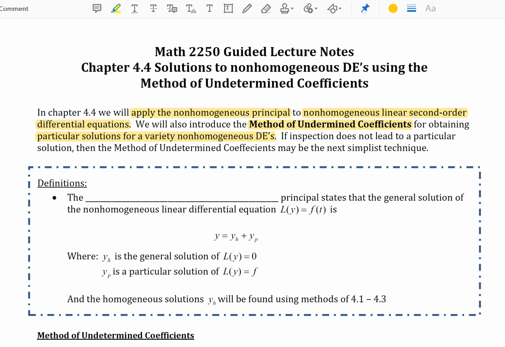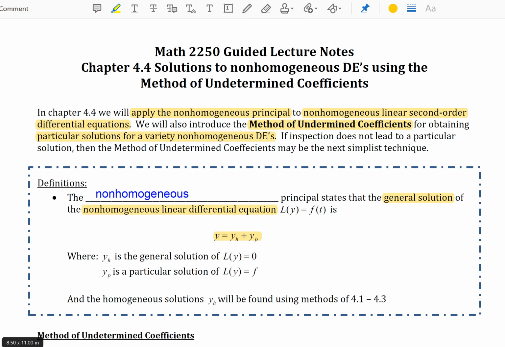To get started, let's look at some definitions. The non-homogeneous principle states that the general solution of a non-homogeneous linear differential equation of the form L of y equals f of t is the sum of your homogeneous solution plus your particular solution, where y sub h is the general solution to the homogeneous equation, and y sub p is a particular solution to the non-homogeneous equation.